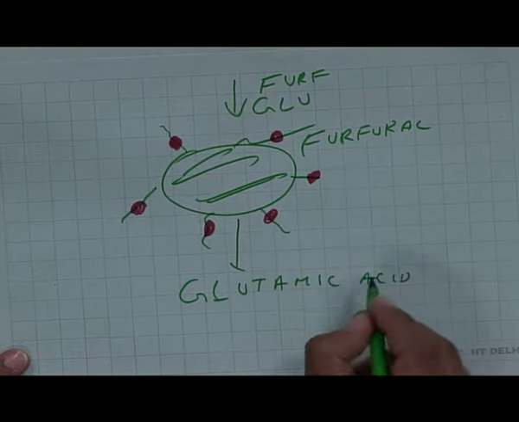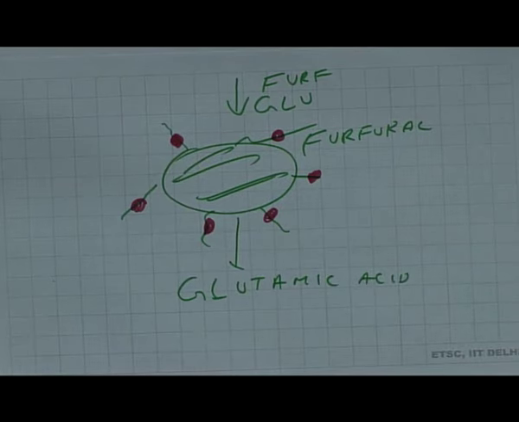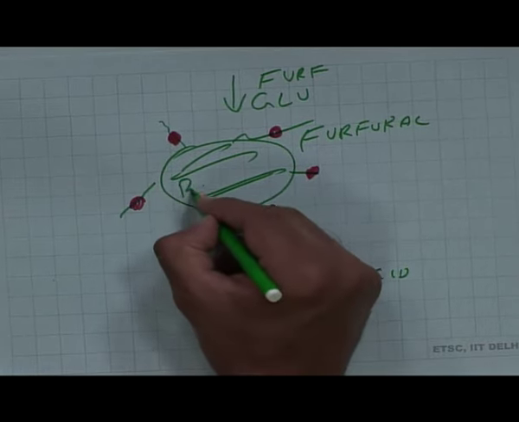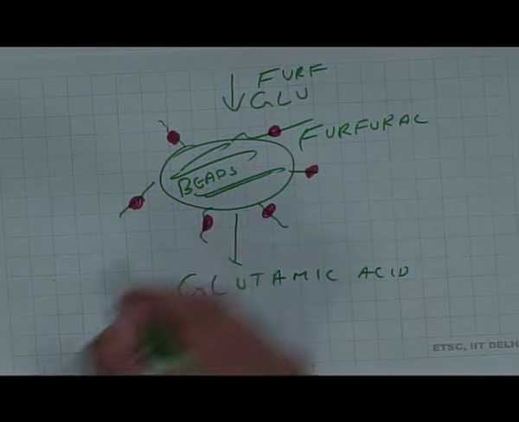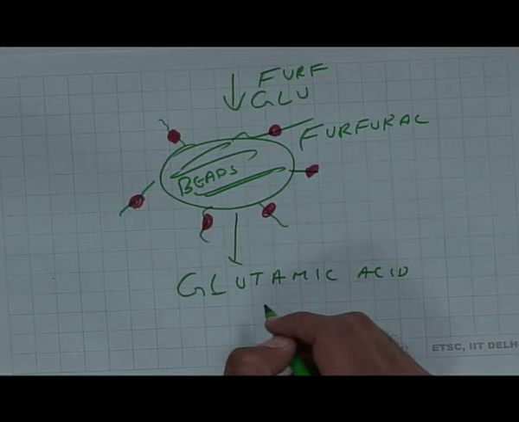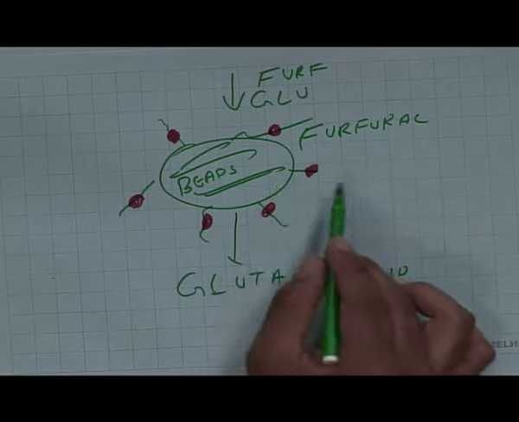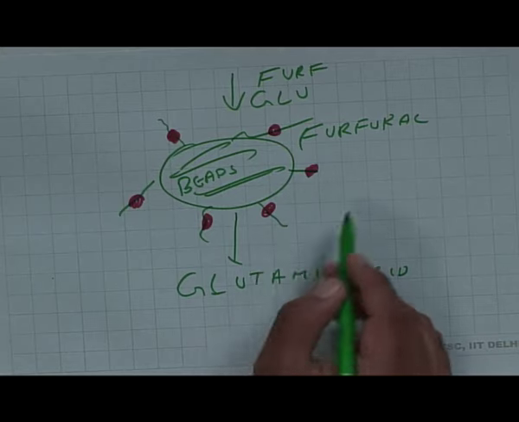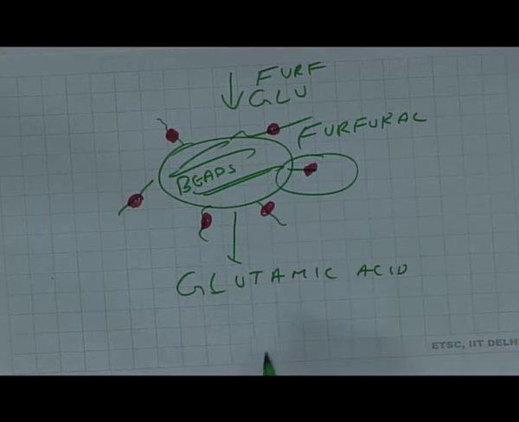Why that happens is because furfural is a hydrophobic molecule and the bead is also hydrophobic. So they interact with each other, and this is basically a hydrophobic interaction, and hence furfural is attached to the column. While glutamic acid cannot interact and thus comes out.